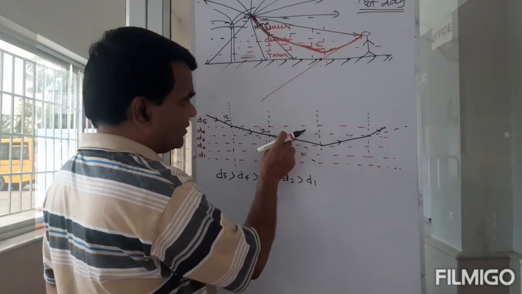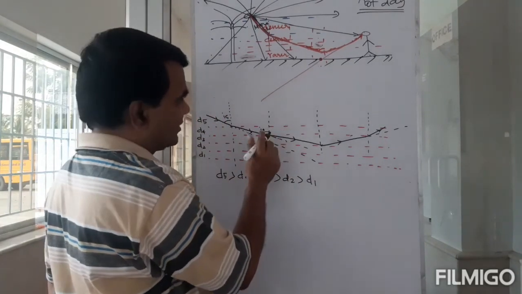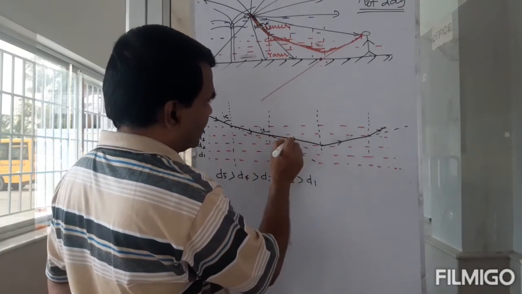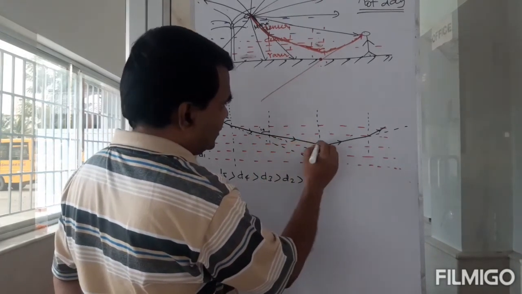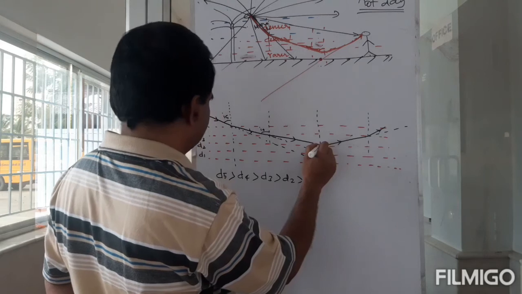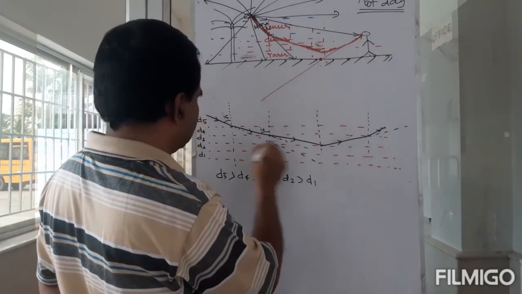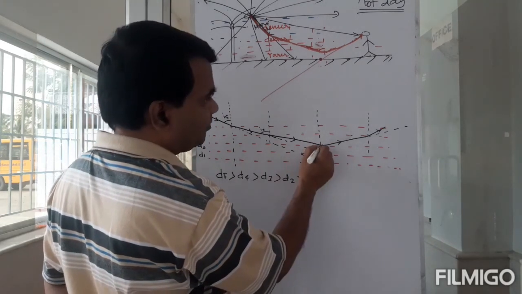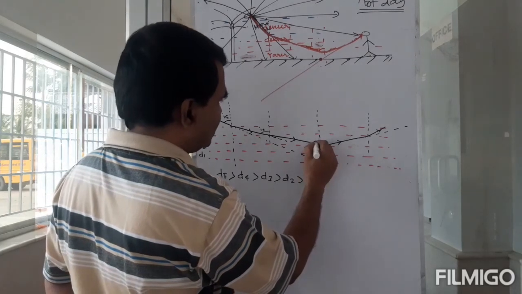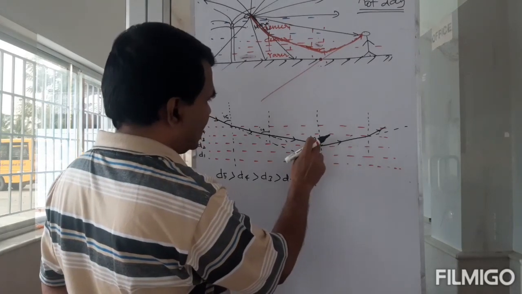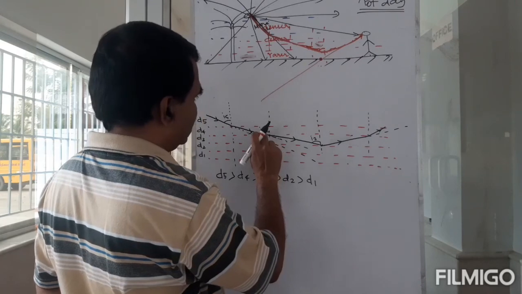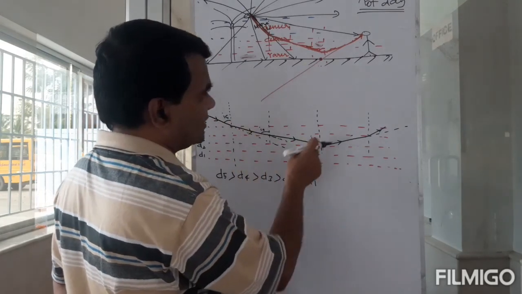But D3 is there, so it will undergo refraction and go away from the normal. It will hit the interface between D2 and D3. So this is going to be my I3. Notice that I3 is greater than I4, which is greater than I5. So the angle is increasing all the time.